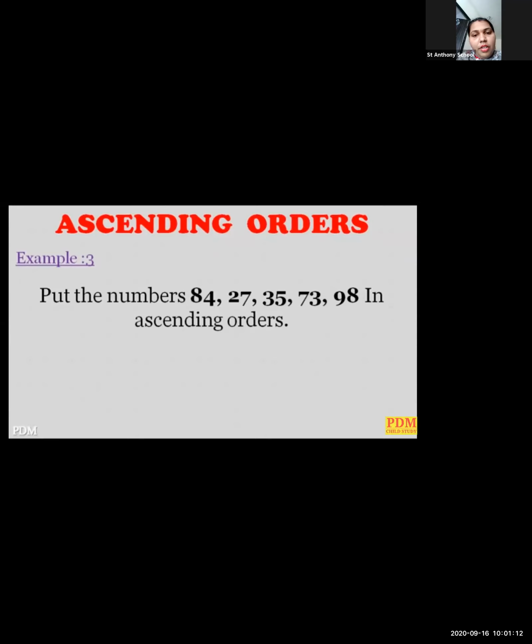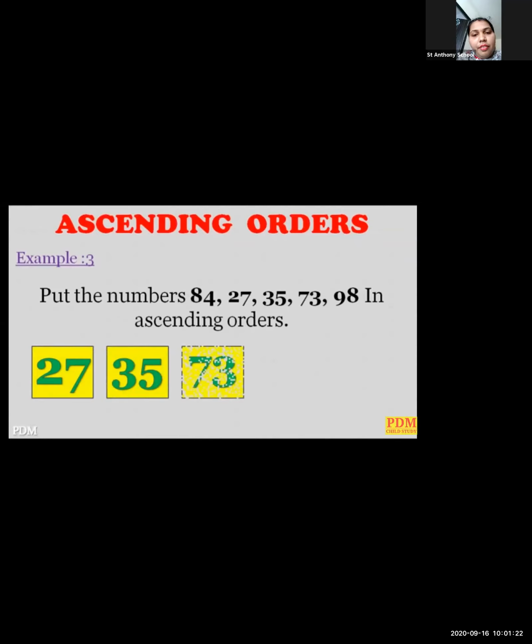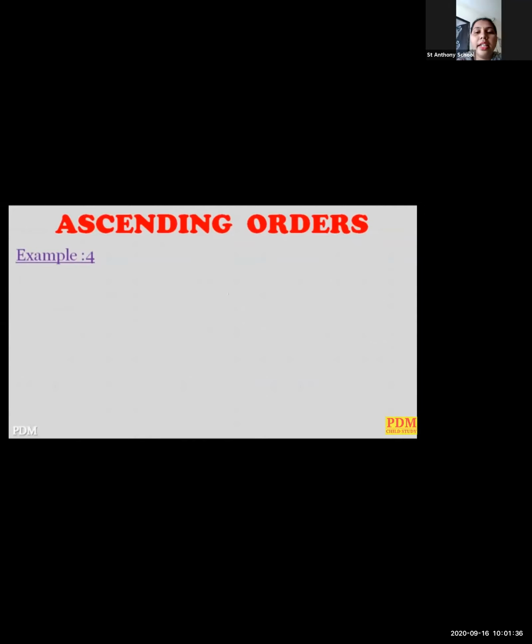So here which number will come first? 27. After 27, 35. After 35, 73, 84 and last is 98. The 27 is a smaller number and the 98 is a bigger number.